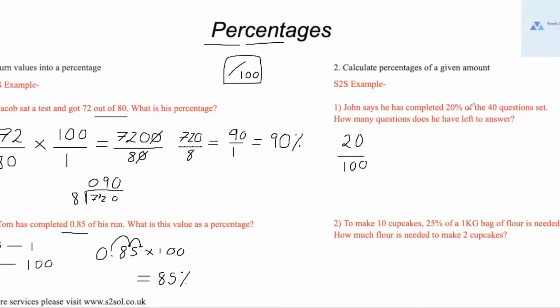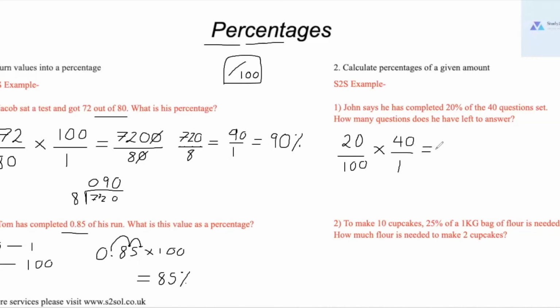And the 20% that we're trying to calculate is of 40 questions. So we're going to multiply this value by 40. Remember, I've put the 40 alongside the numerator because 40 as a fraction is equivalent to 40 over 1. And this is the multiplication that we're going to be doing.